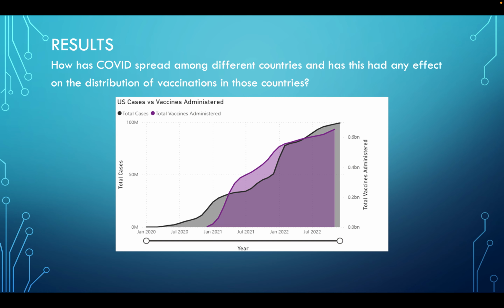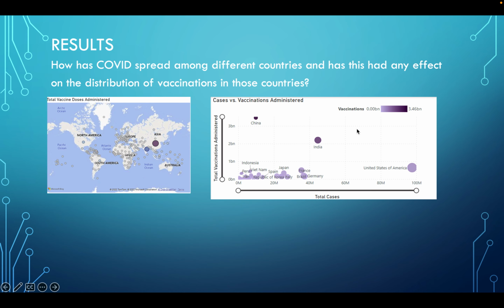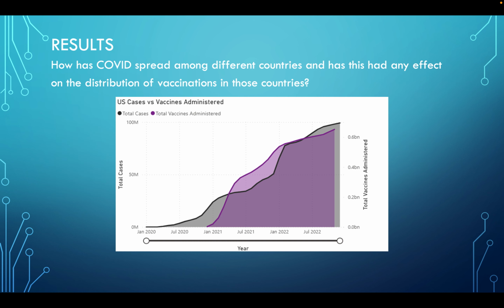Then I wanted to look at a closer view of the US data because, as we can see, despite having a higher number of cases, they do have a relatively lower number of vaccines. This graph shows the total number of cases in the US from January to the end of 2022.